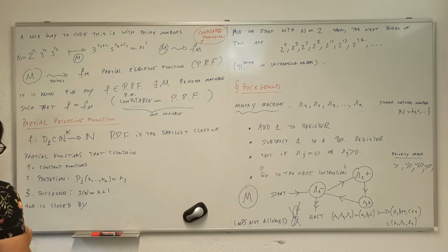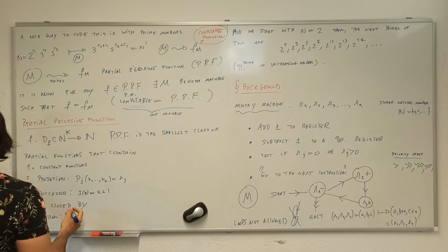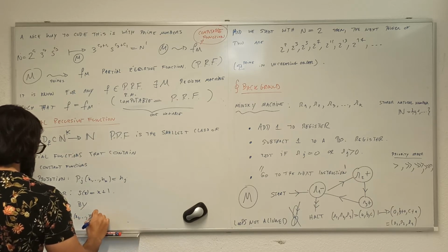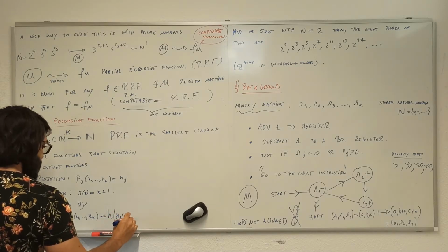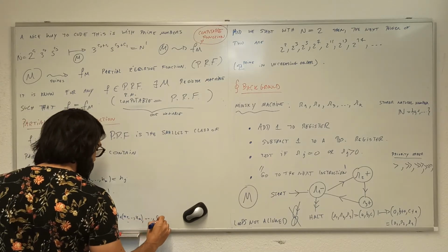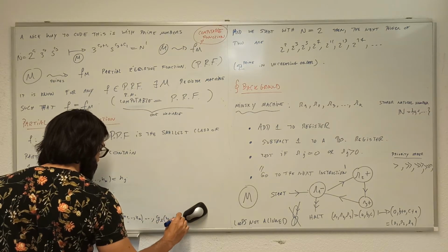by 3 operations. One is composition, but in a trivial way. So I have an f of x1 to xk that will be some h of g1 of x1 to xk, and so on, up to gl of x1 to xk.